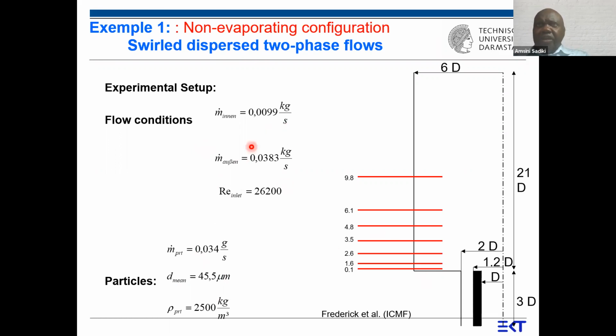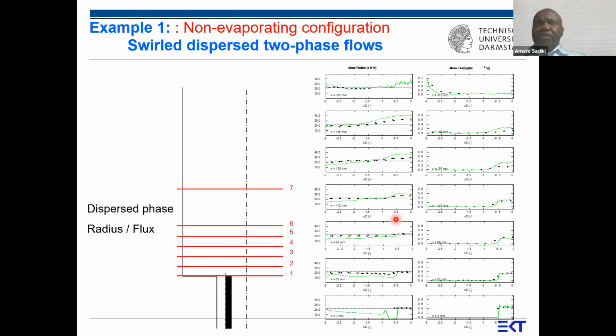We have the inner part and outer part, we have the inlet Reynolds number, and here we have the density of the particle, the mean diameter, and here the mass flow rate for the particle. And we have this configuration in which we try to provide the result for this axial position. Okay, and the results are provided here.